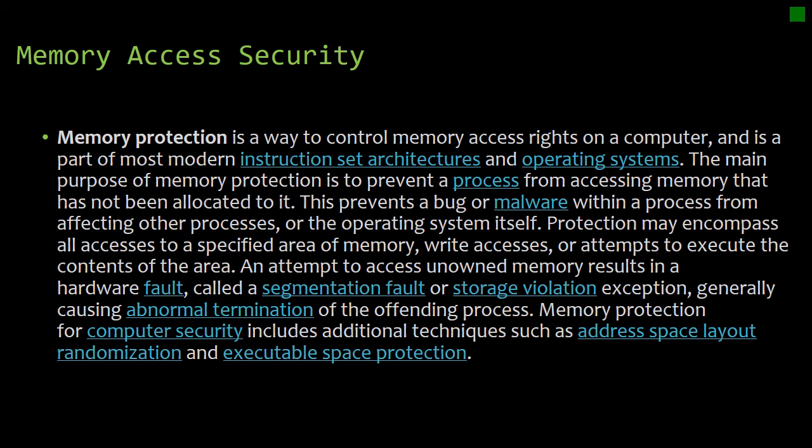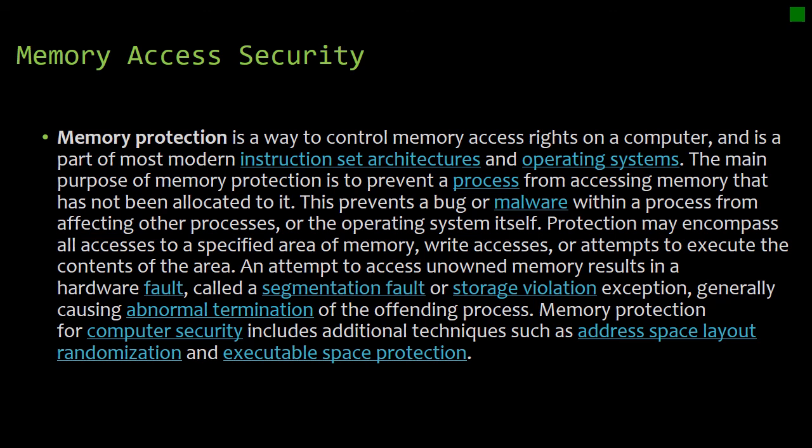So this prevents a bug or malware within a process from affecting other processes and or the operating system itself. Protection may encompass all accesses to a specified area of memory, whether write access or an attempt to execute the content of the area. An attempt to access unowned memory results in a hardware fault, which is called a segmentation fault or a storage violation exception, generally causing abnormal termination of the offending process.